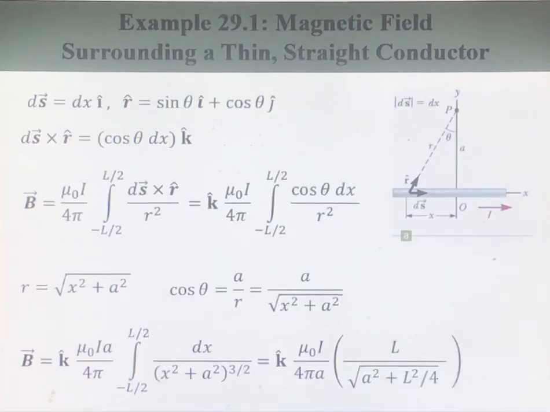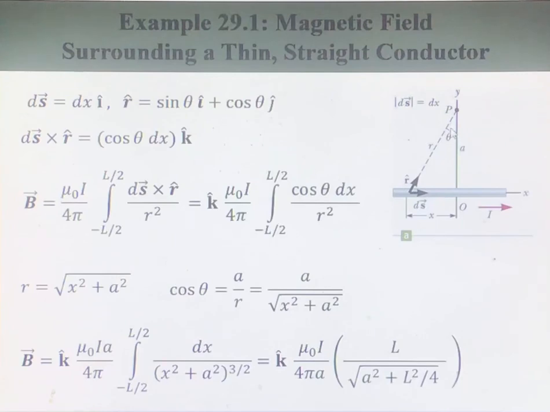So I can set up everything in terms of vectors here. So I write my ds vector is just dx in the i hat direction. My unit vector r hat that is pointing from this point to this point here, I can write that unit vector as sine of theta in the i direction plus cosine of theta in the j direction.